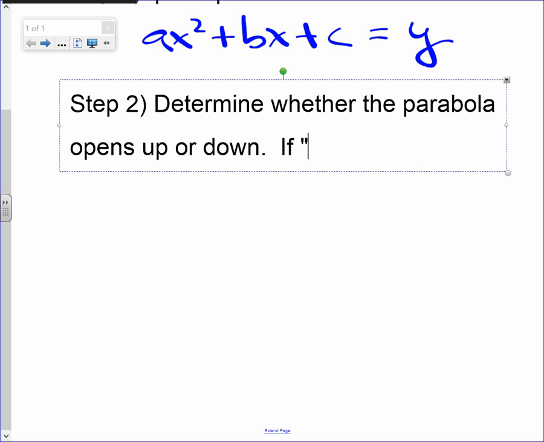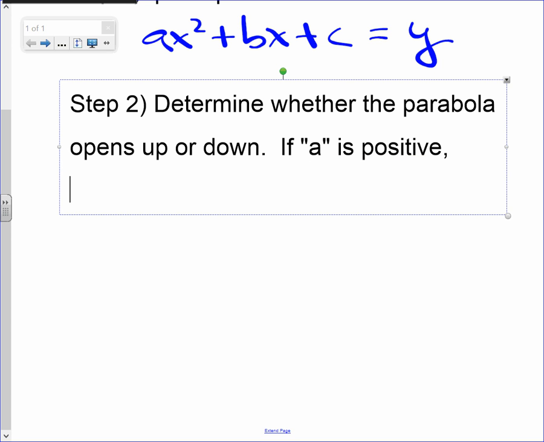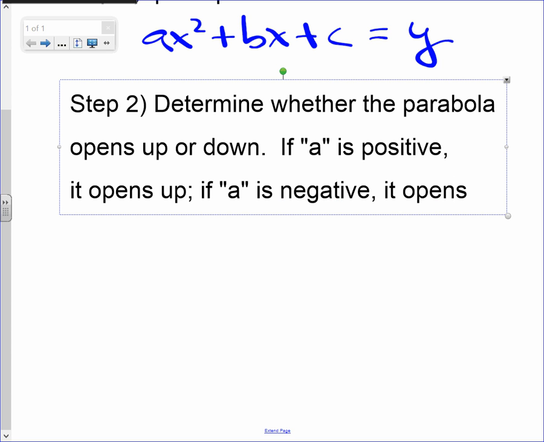If a is positive, it opens up. If a is negative, it opens down.